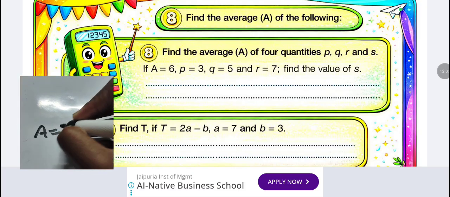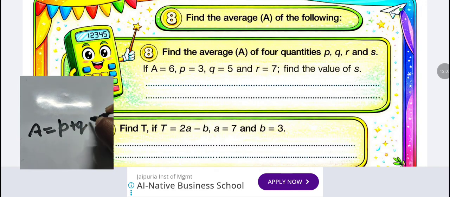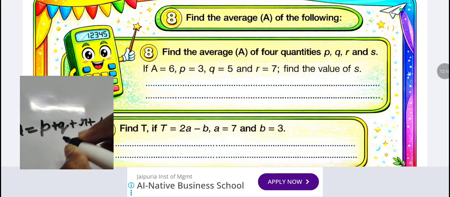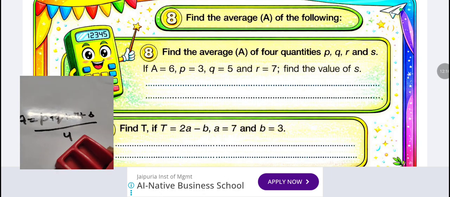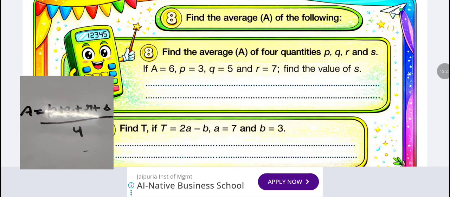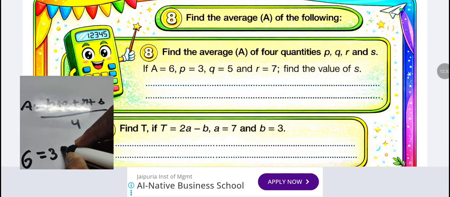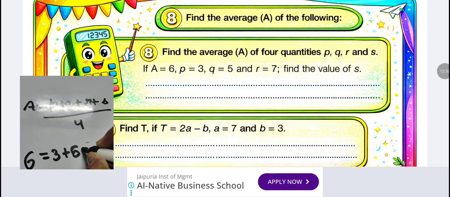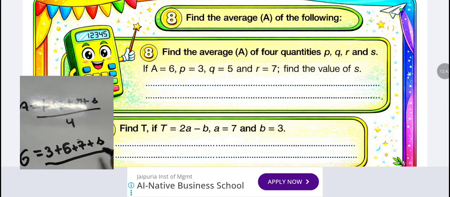So A, the average, equals P plus Q plus R plus S upon 4. I'm not seeing from the board, I'm seeing from the camera. Now find the value of S. A is 6, P is 3, Q is 5, R is 7, and S is to be found.